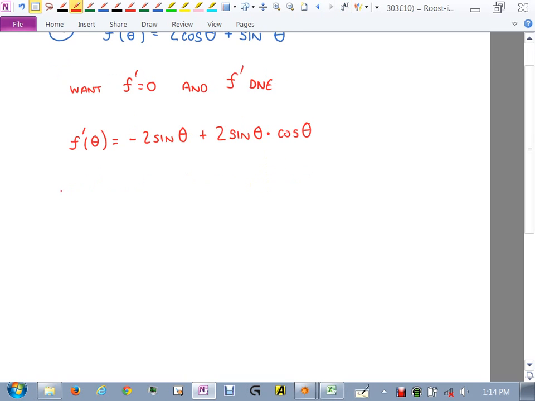Here's my derivative. Let's set it to 0. Did anybody here ever take this class called pre-cal? Yes, y'all did? Okay, great. This was one of the main goals of pre-cal. Hopefully your instructor was pretty big on that.